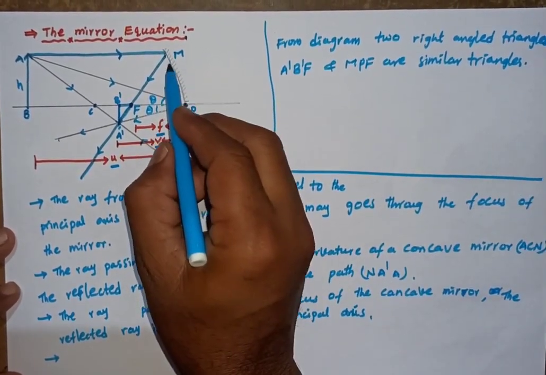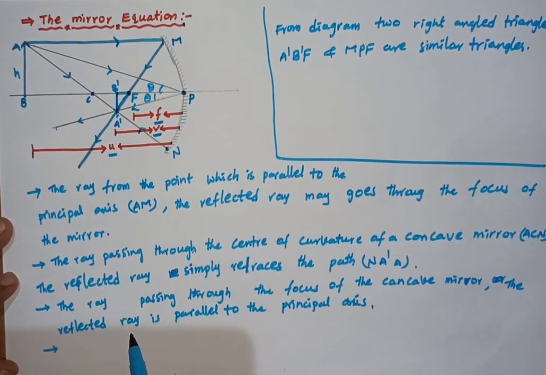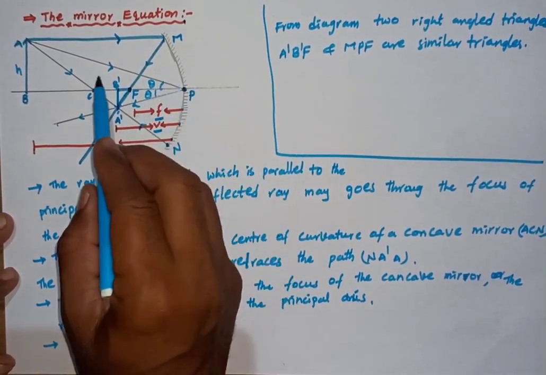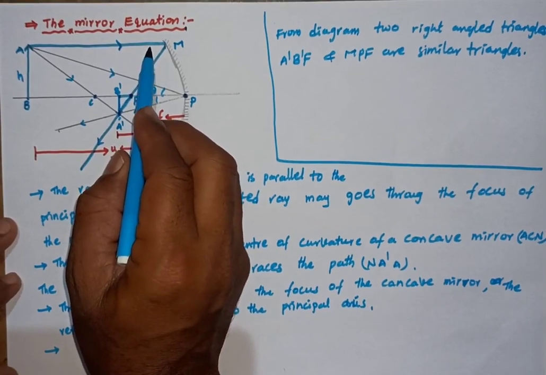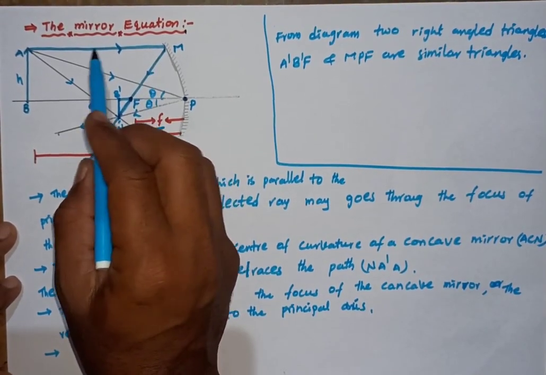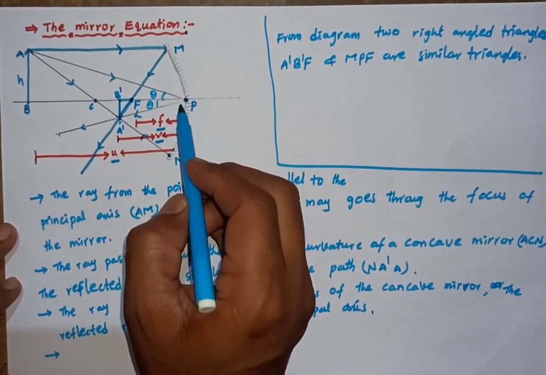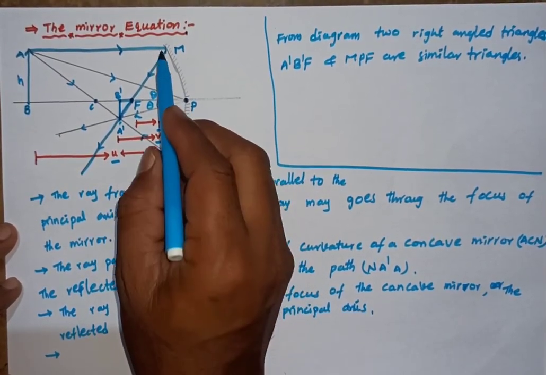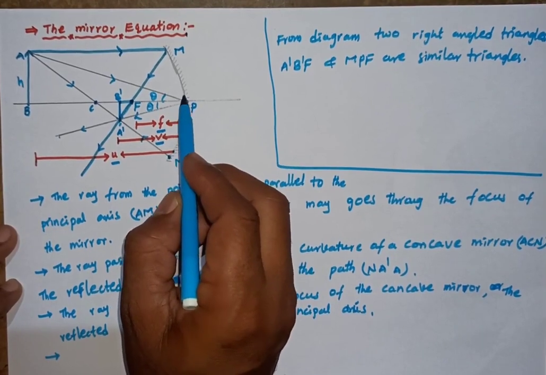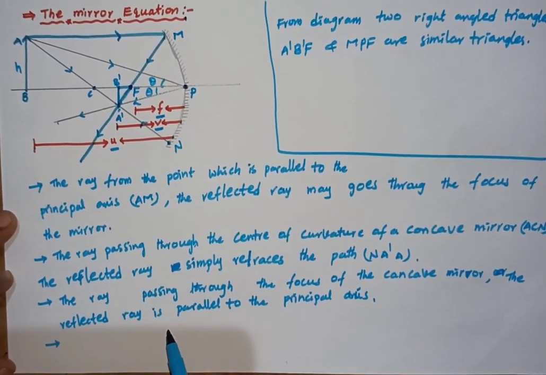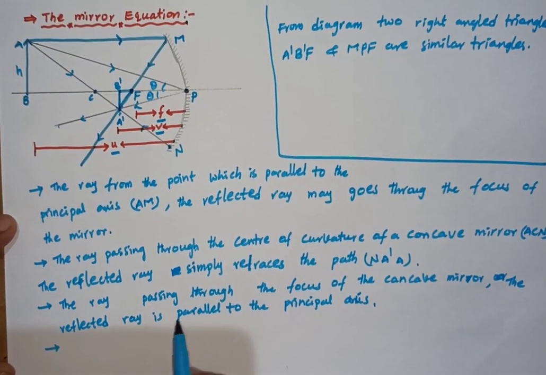Because the ray is a paraxial ray, the angle is very small, and the pole and the perpendicular distance coincide, so the distance is small.